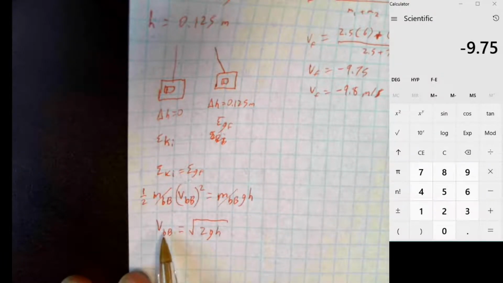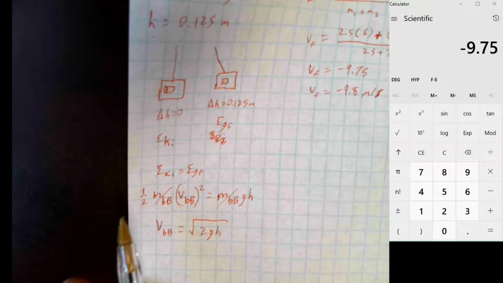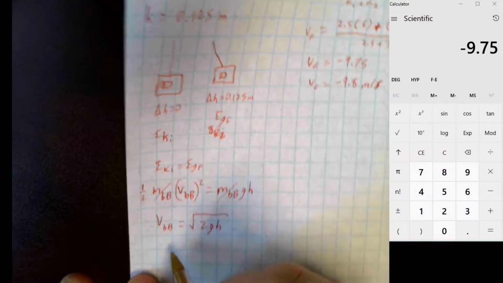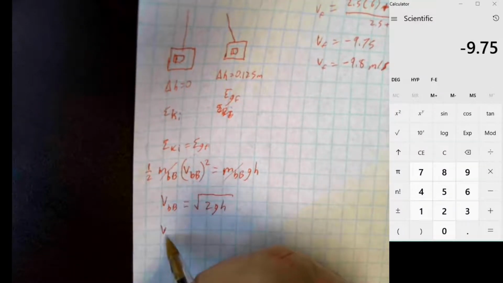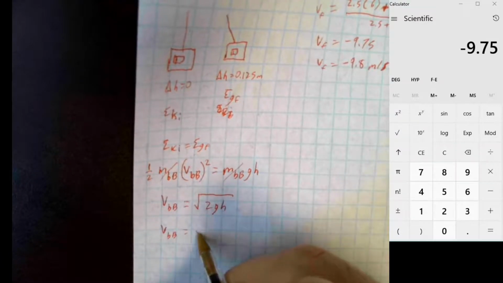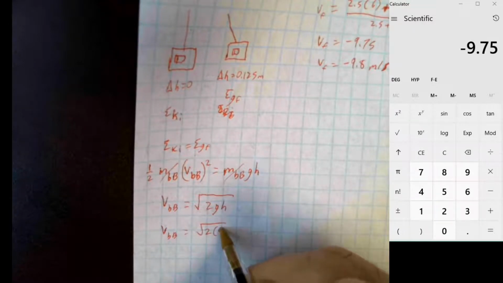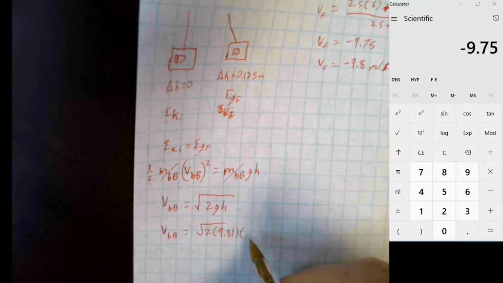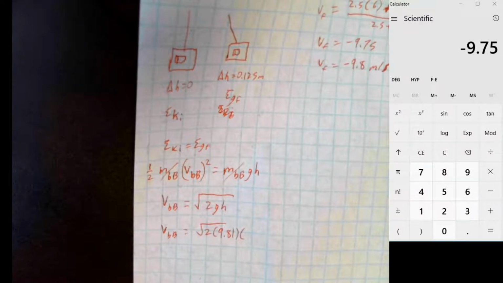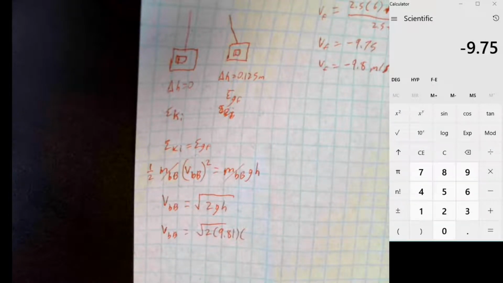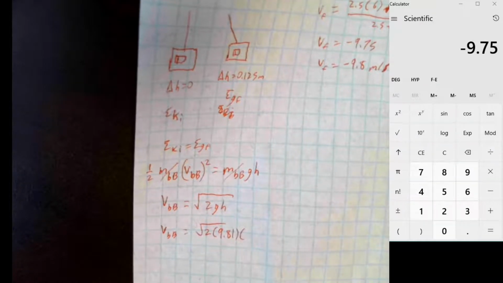Now this isn't the velocity I need to solve for, actually. I'm sorry, I did say that earlier. This is the velocity of the block and the bullet, the initial velocity of the block and the bullet. So this becomes the square root of 2. If you look at our givens in this question, we have 3 significant digits. We have 5.50 grams, 1.75 kilograms, and 12.5 centimeters.